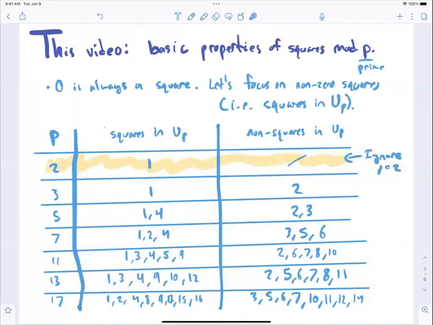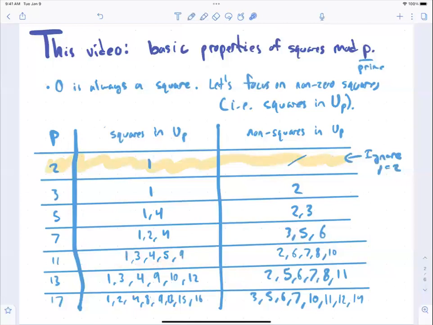So that tells you that when you go through the first (p minus 1)/2 integers and compute their squares mod p, those are all going to be distinct. So not only are you exhausting all the squares that way, but you're really getting distinct squares. And that explains why there are (p minus 1)/2 squares in each of these lists.